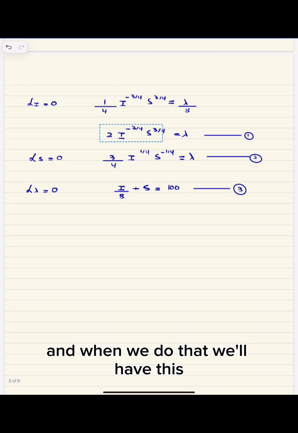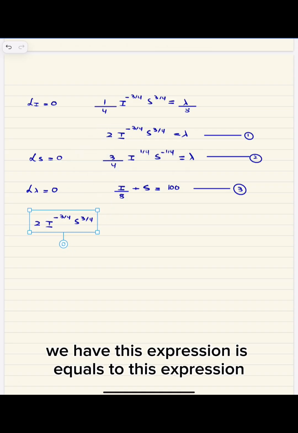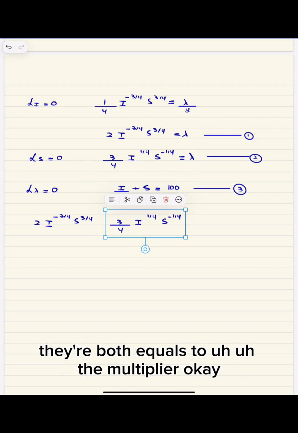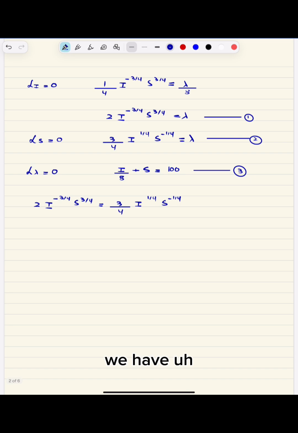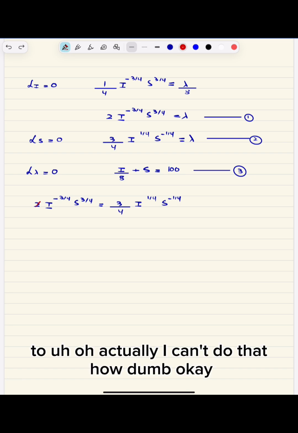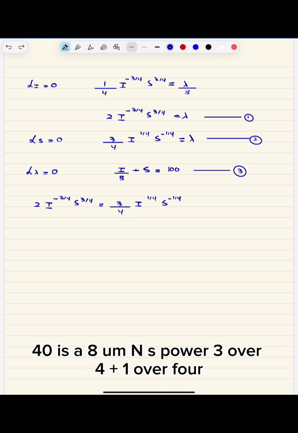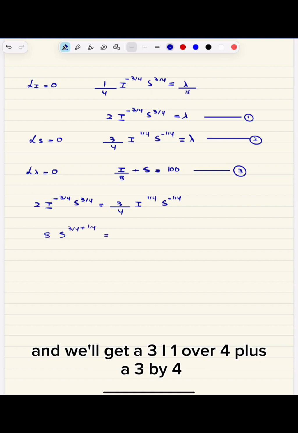Okay, so the first step will be to equate equation 1 and 2. And when we do that, we'll have this expression is equal to this expression. They're both equal to the multiplier. Okay, 4 2s are 8, and S power 3 over 4 plus 1 over 4, and we'll get 3I power 1 over 4 plus 3 by 4.